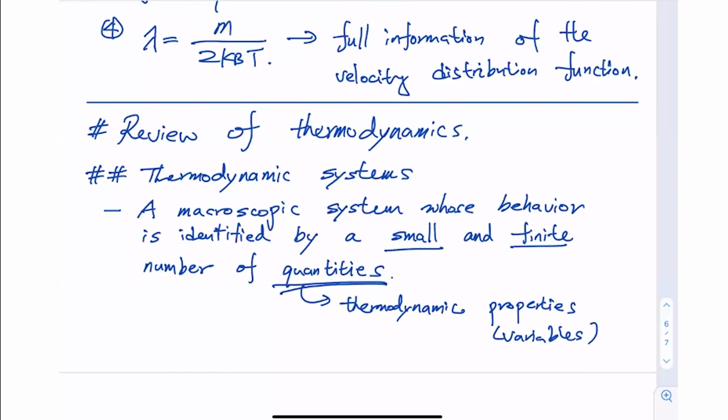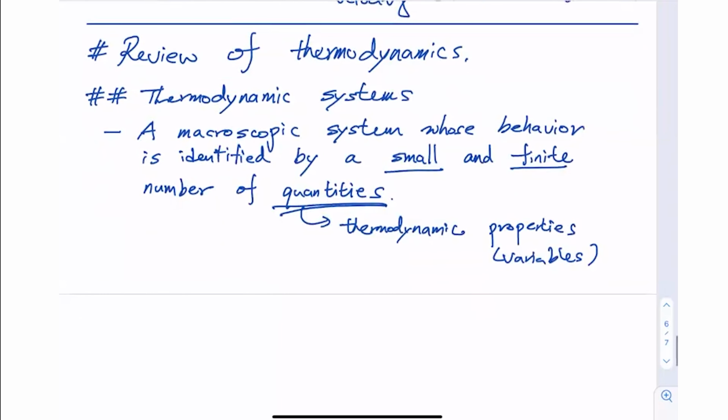So usually, as I mentioned several times, it is not obvious that it could be achieved. But what thermodynamics tells us is that for a thermodynamic system, you can describe your system by some quantities that is relatively small compared with 10 to the power 23 degrees of freedom. For example, you can characterize it by energy, volume, pressure, and just a handful of parameters.